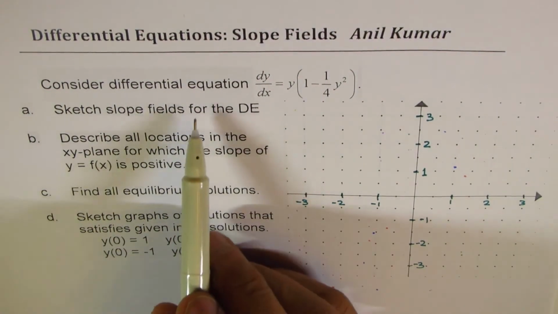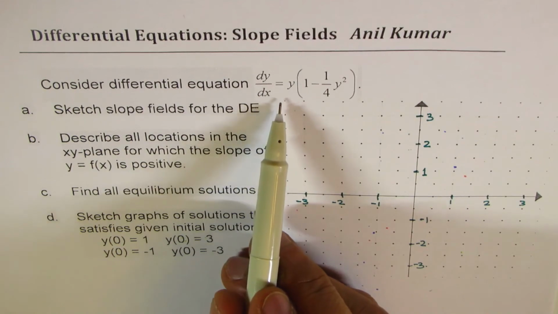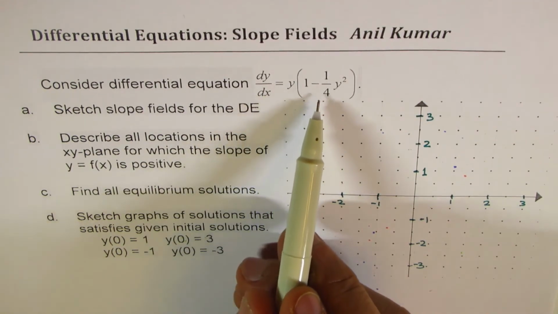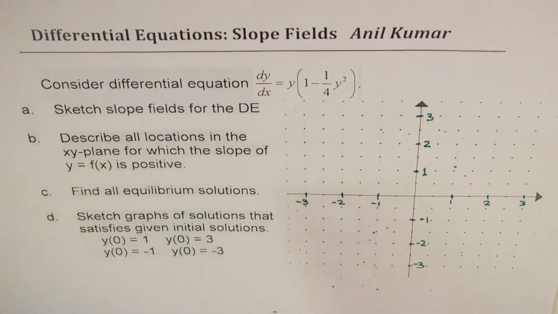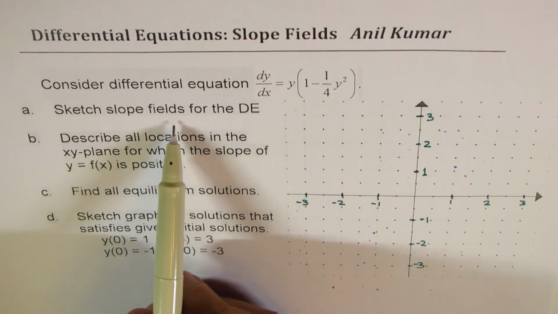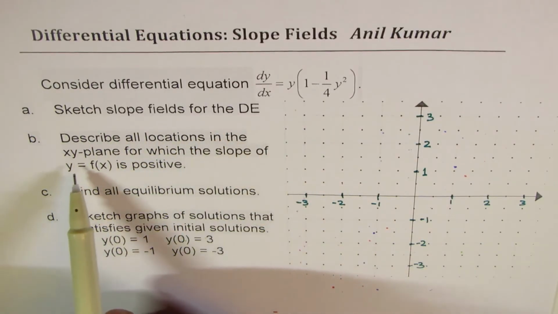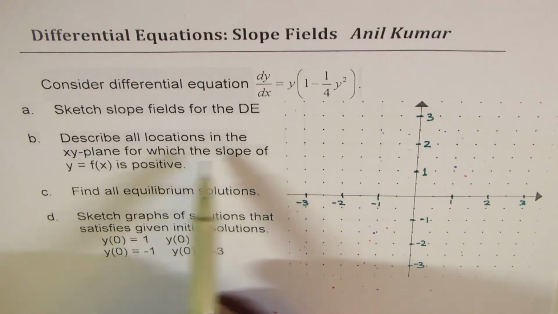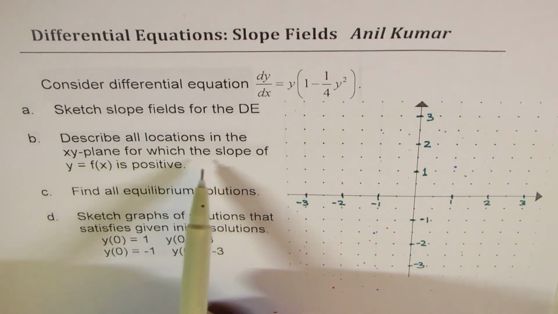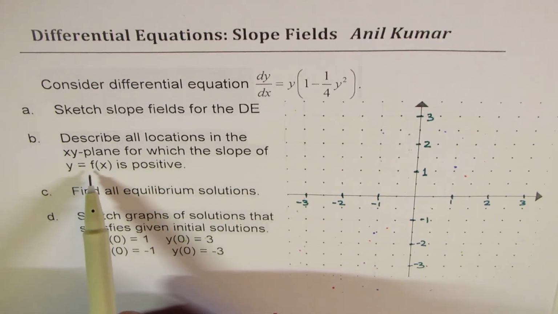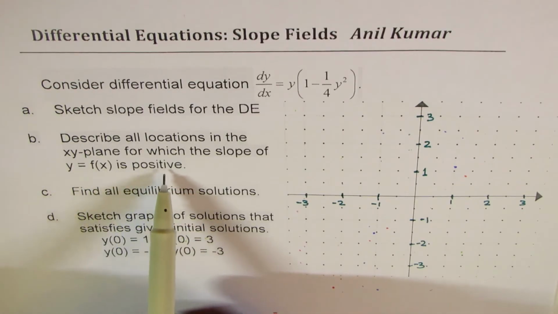Now let us consider the differential equation dy/dx equals y times (1 minus 1/4 y squared). We need to sketch slope fields for the differential equation, describe all locations in the xy plane for which the slope of y equals f of x is positive.